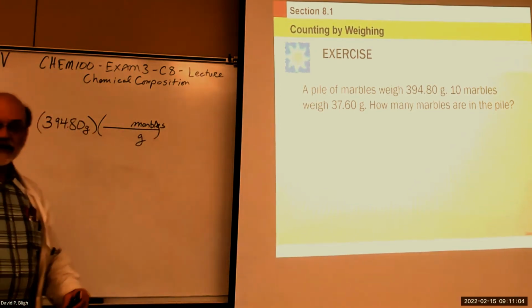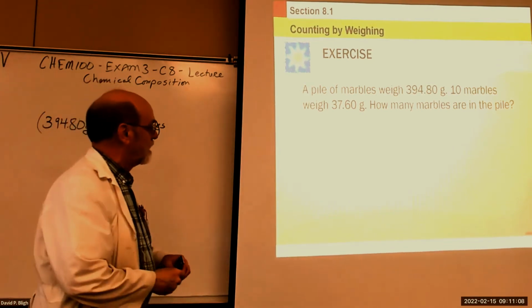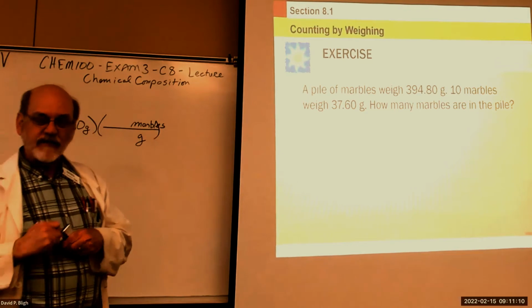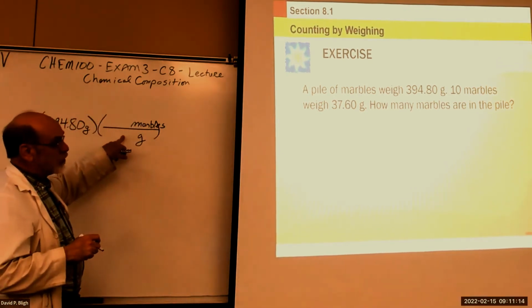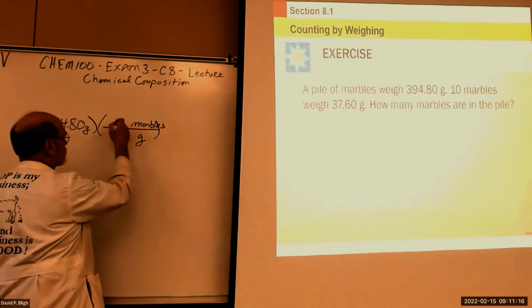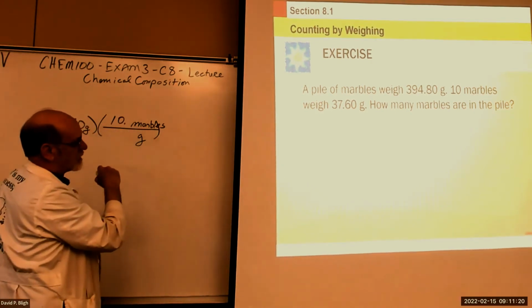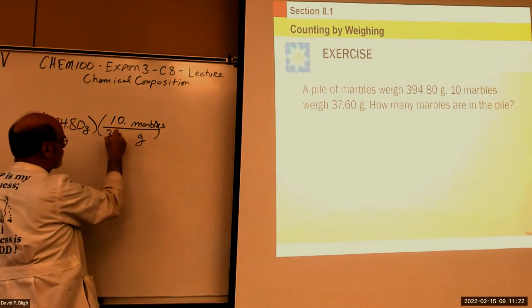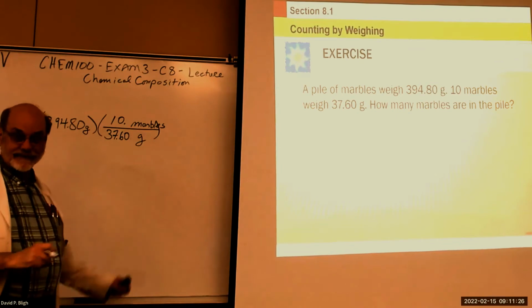Okay? You can either find out the average mass, or you can do the average mass in the calculation. We would have taken 10 marbles and found that they were 37.6 grams. Okay?